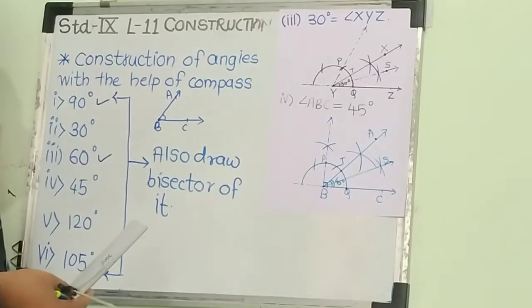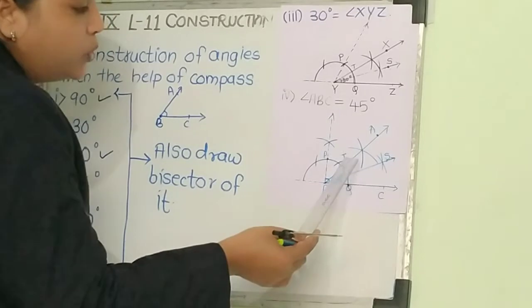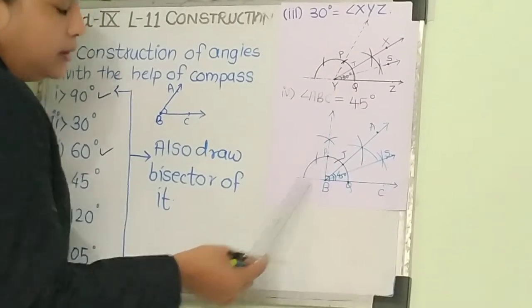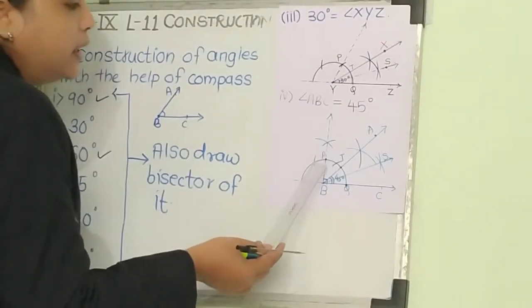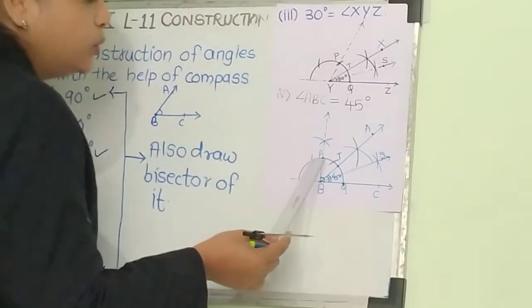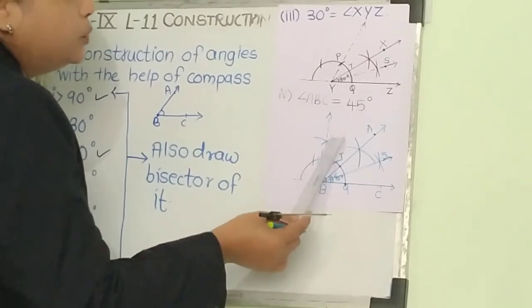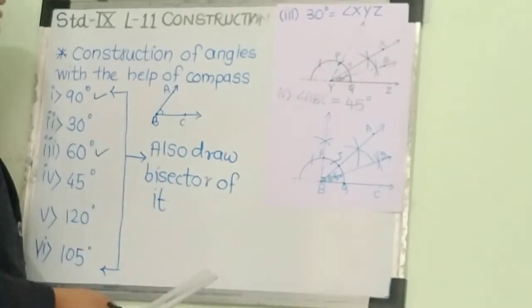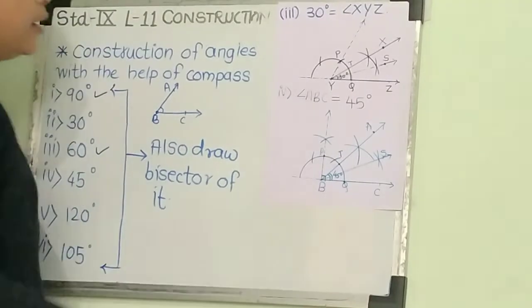That fixed length we have to keep as it is, and from point Q you have to draw the arcs, first arc, second arc. The first arc it is of 60 degree, second arc it is of 120 degree. Then through these arcs you are going to draw upside, the two arcs intersect each other. So we get here, then we join this ray to B.